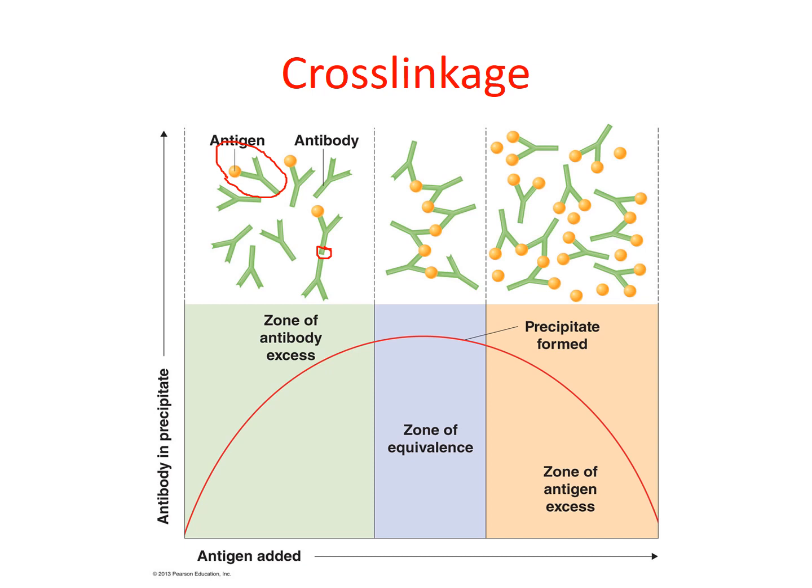The same thing on the other side, zone of excess, where you've got too much antigen for the antibodies present. You have lots of antigen bound to these antibodies, but very little lattice.